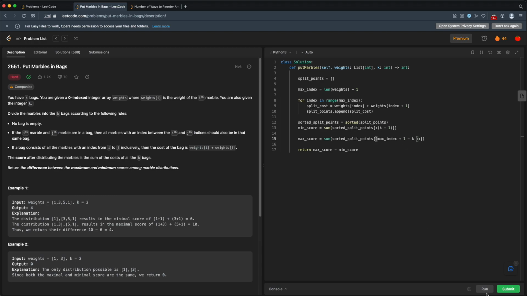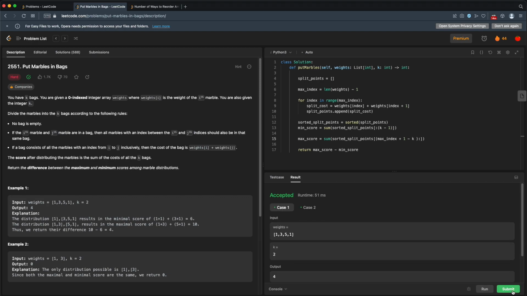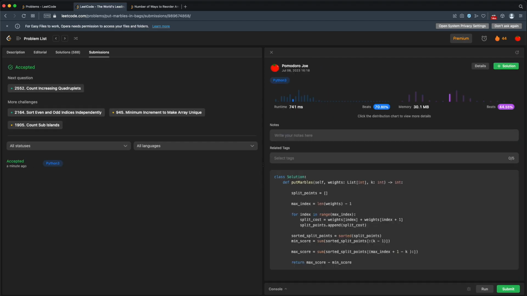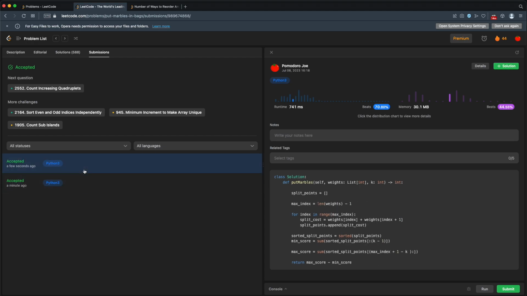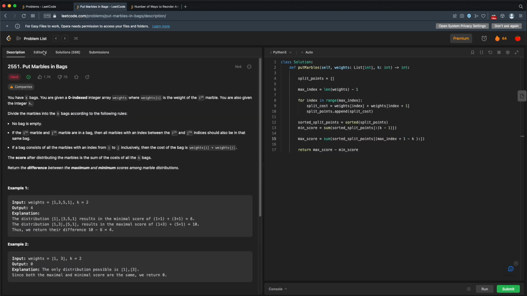Let's see if this makes a difference. Not really. We had a 78% before, and now we have a 70%, so it didn't really make much difference. In fact, it made things worse, so I wouldn't necessarily recommend doing that change.